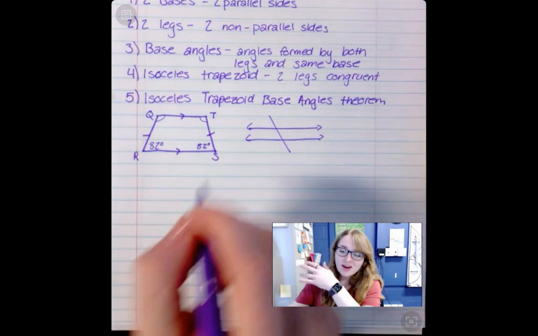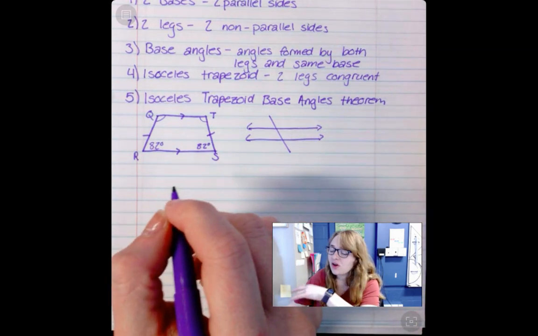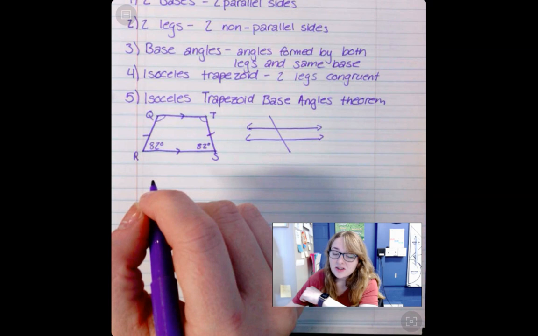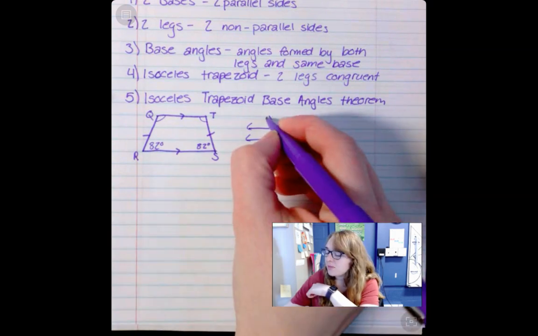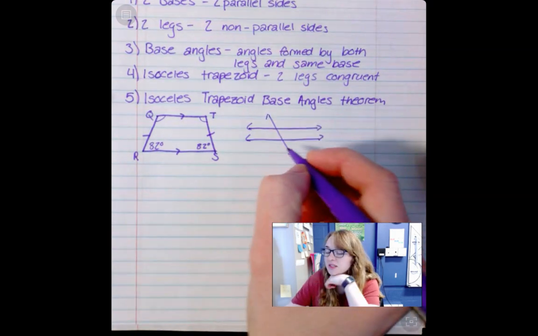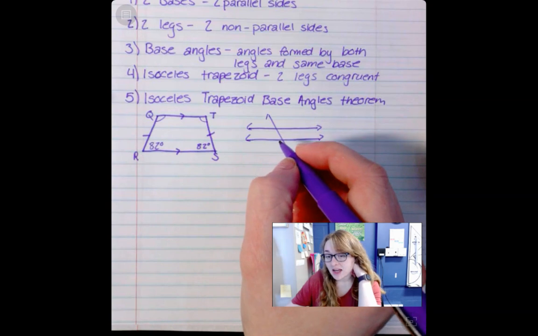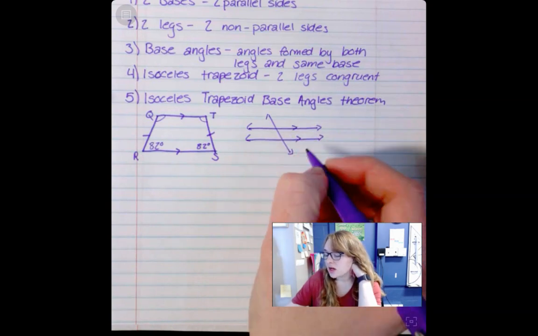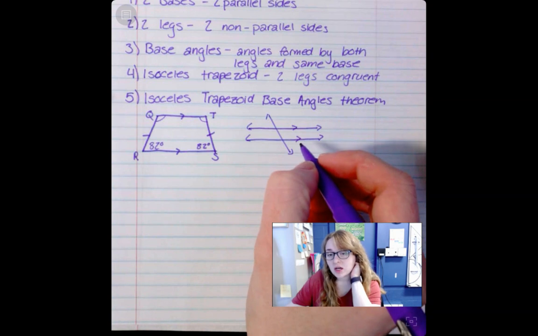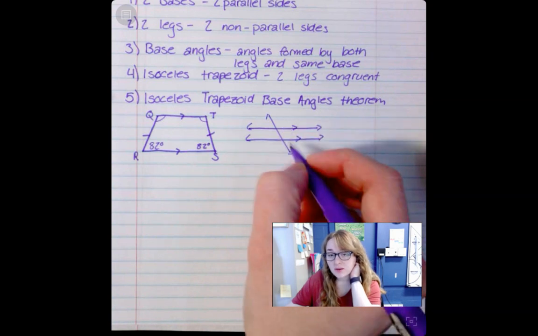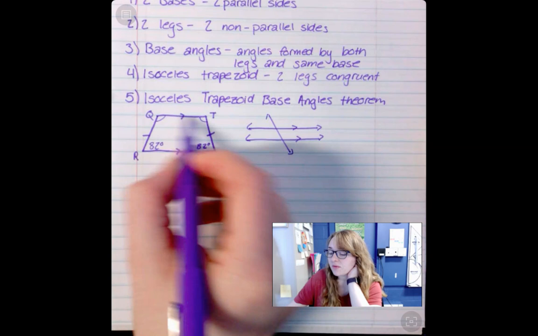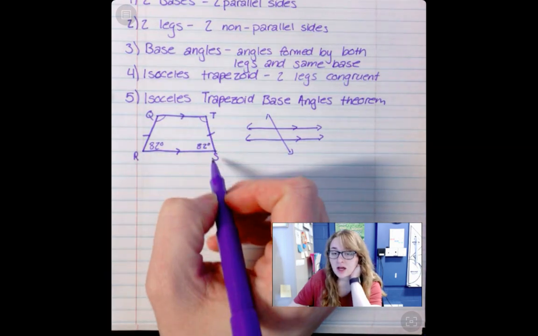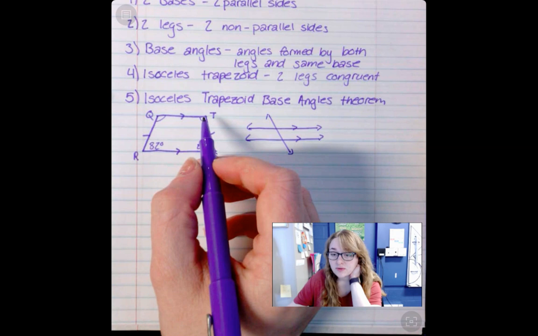Okay, this is where we had our alternate interior angles, our alternate exterior angles, our consecutive interior angles, and our complementary angles. Okay, specifically, I want to remember our consecutive interior angles. And the reason why I can draw this conclusion here is because these two lines are parallel, being cut by a transversal. So we could think of our two bases being our parallel lines, and this segment ST being our transversal.